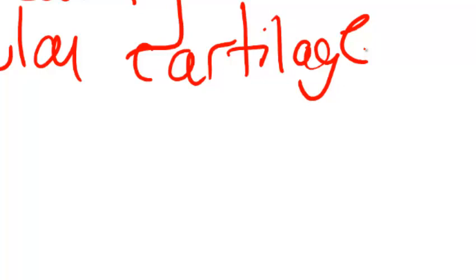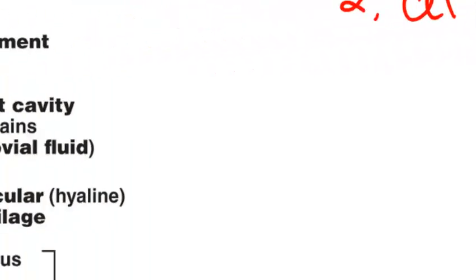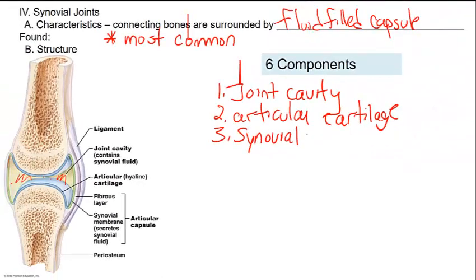The next thing that you'll notice is the joint capsule is completed by this green area, which is actually synovial membranes. So the joint capsule is lined with articular cartilage where the bones connect, and then the synovial membrane on the other side.